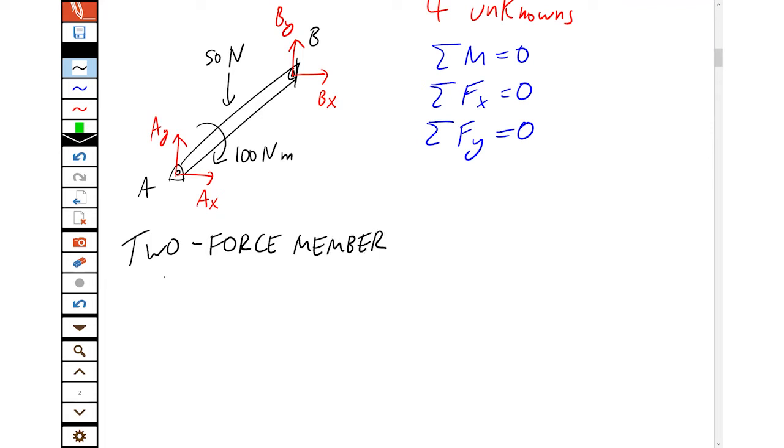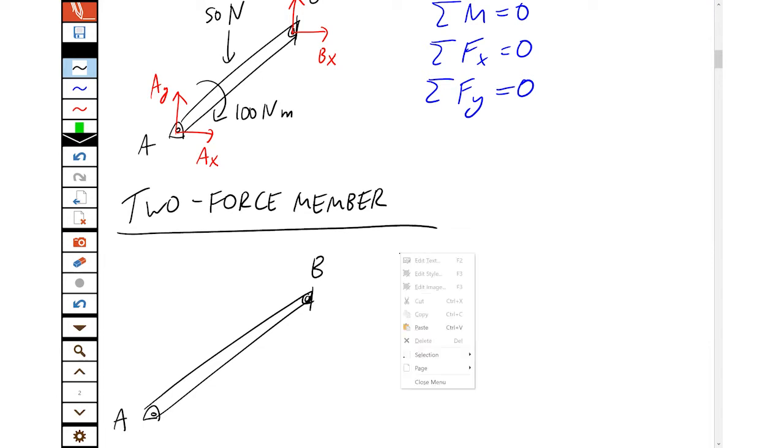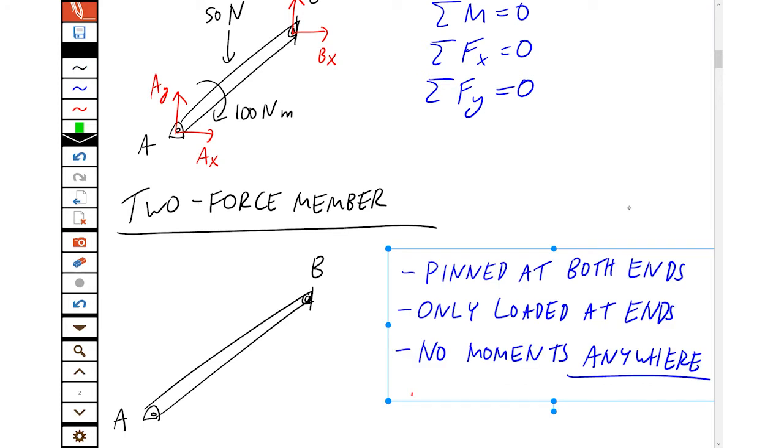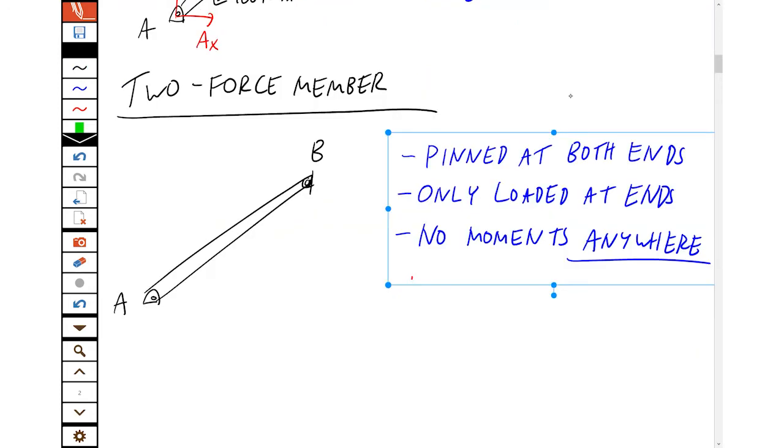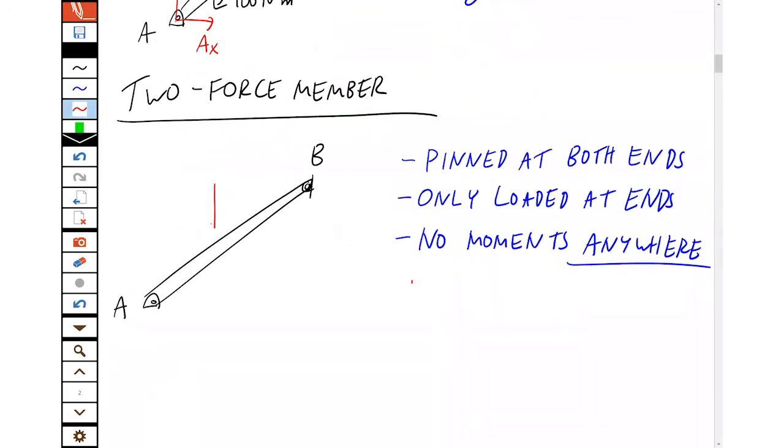A two-force member is so-called because it's only got the two forces acting on it from the ends. You just have A and B pinned down, and you have some conditions. It's pinned at both ends. It's only loaded at the ends, so there's no forces on the middle.